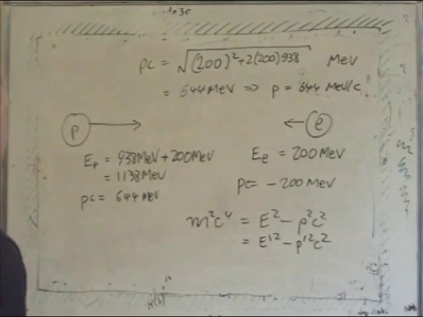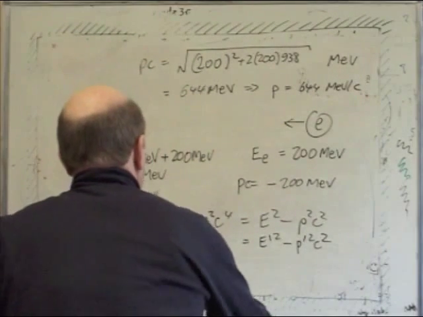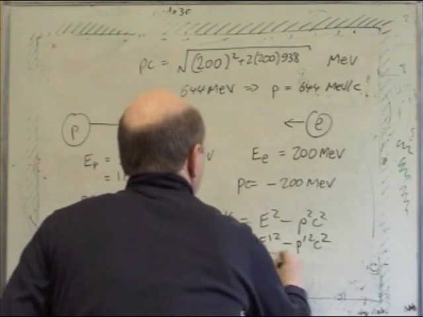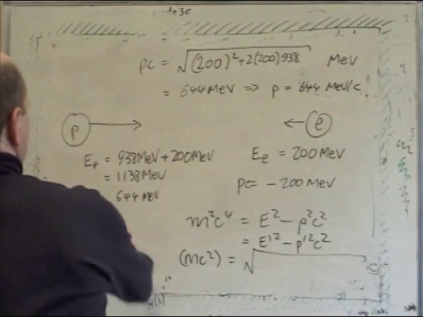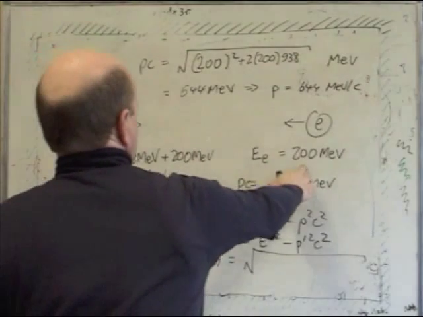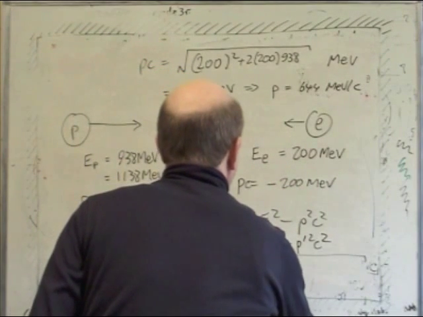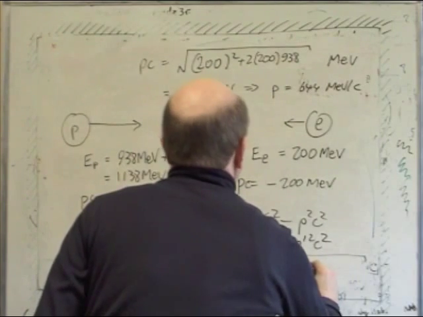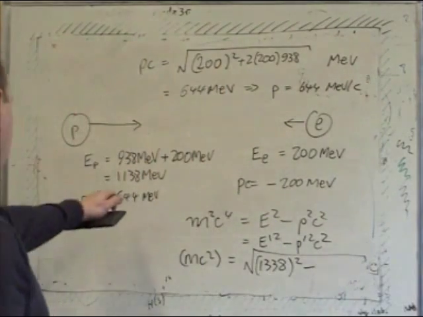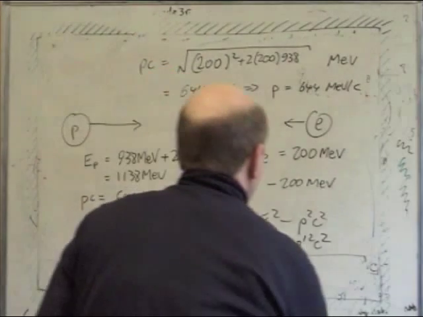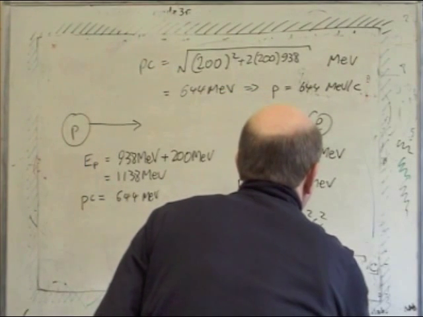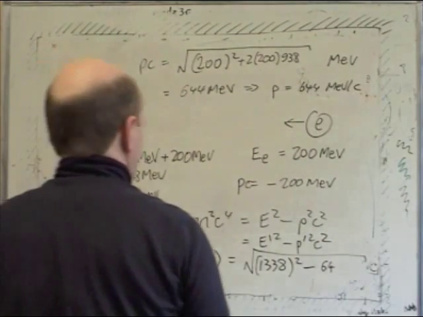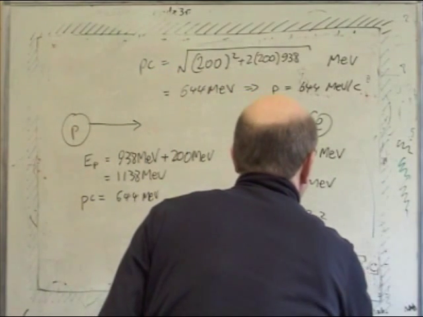So that means that the mass of the particle times c squared, which is its rest energy, is the square root of the total energy, which is 1138 plus 200 MeV, which is 1338 MeV squared, minus the total momentum, which is 644 MeV times C, which is 644 MeV over C times C, which is just 644 MeV squared.